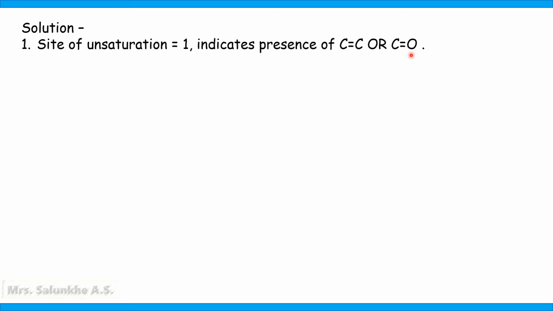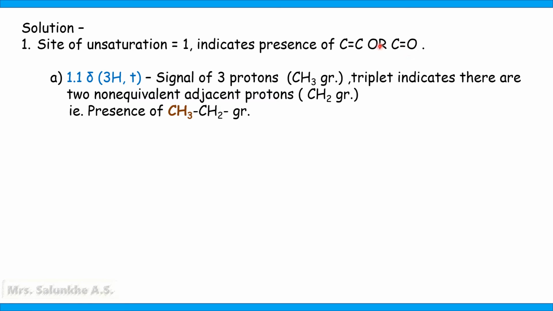If the molecular formula contains an oxygen atom, then there is a possibility of carbon double bond oxygen. The first signal, 1.1 delta 3H triplet. This is the signal of 3 protons, that is a methyl group. Triplet indicates there are 2 non-equivalent adjacent protons, that is a CH2 group, that is, the presence of a CH3CH2 group.